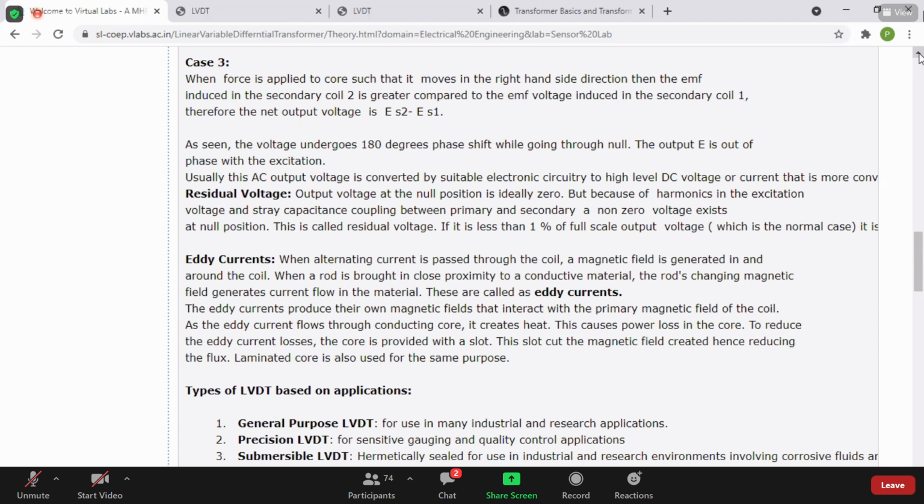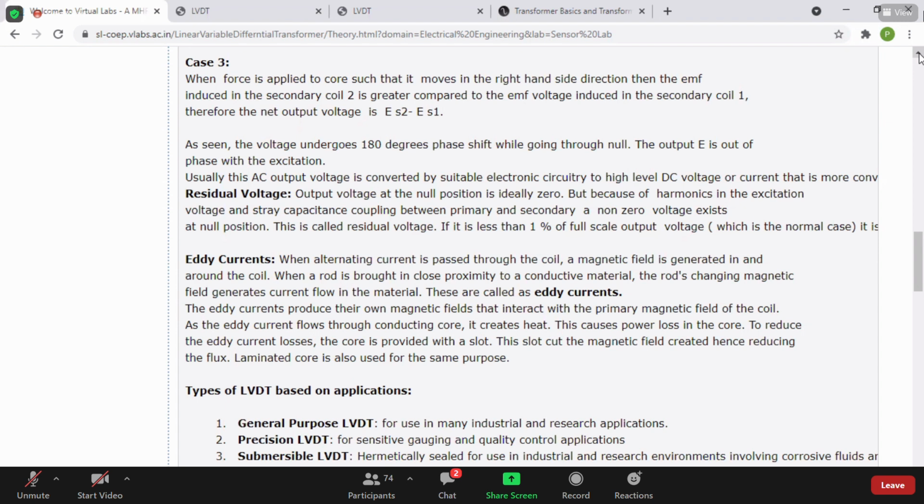So students, we are expecting 0 voltage from the LVDT if the core lies at the middle, but there is an error. Stray capacitance means if any two conductors lie near each other, they will act as a capacitor even if they are not physically a capacitor.